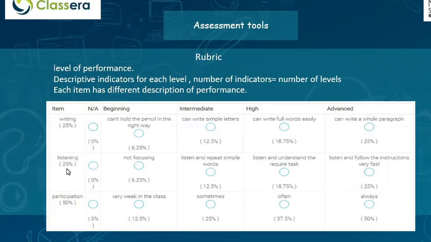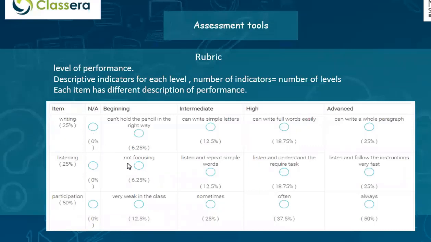In listening, the beginning level is not focusing. In participation, the beginning level is very weak in the class. So each item has 4 indicators with a different description for each level.